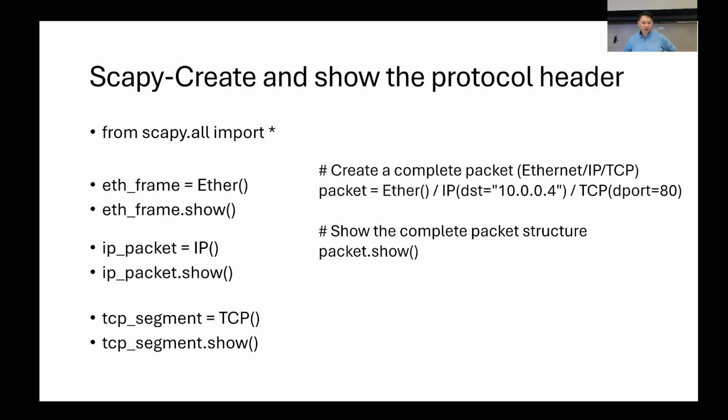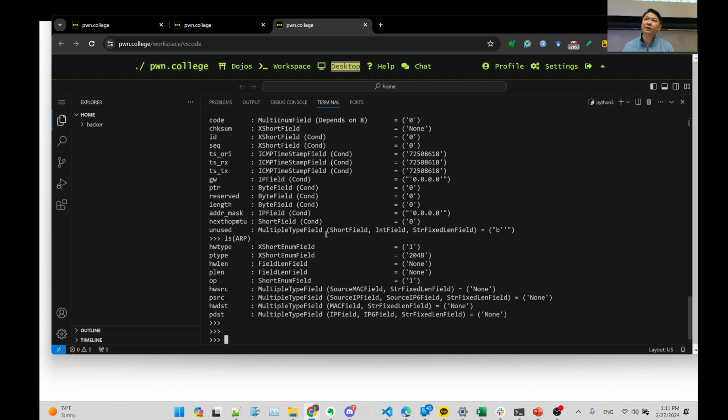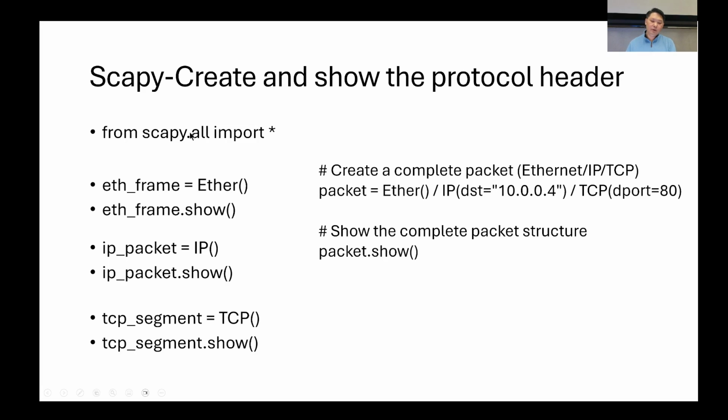Here we have some sample commands. This is the interactive mode of Scapy, but you can write the code in a file and run the file with Python. If you do that, you should import the library from Scapy, import everything, and these are the samples.